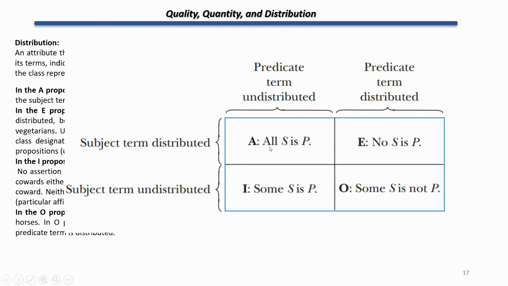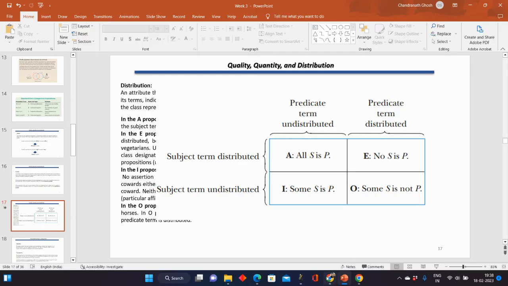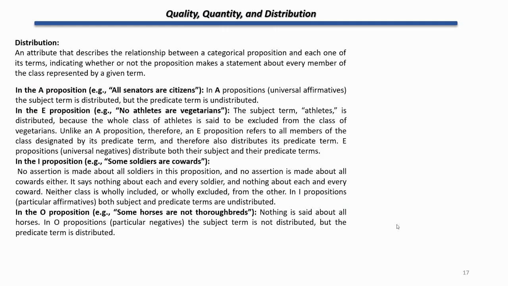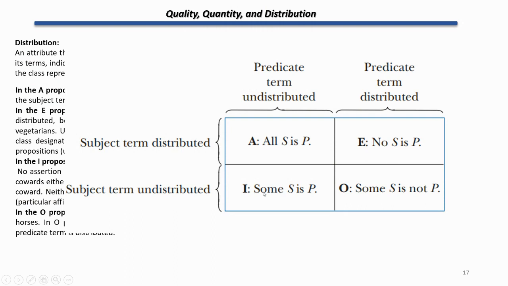So here is the A term, all S is P. Subject is distributed, but predicate is undistributed. For the E term, subject is distributed and predicate is also distributed. The second row is the I, that is some S is P: subject is undistributed and predicate is also undistributed.